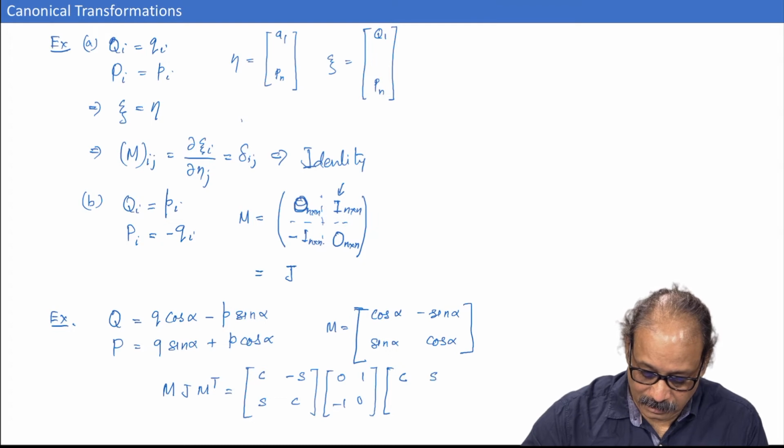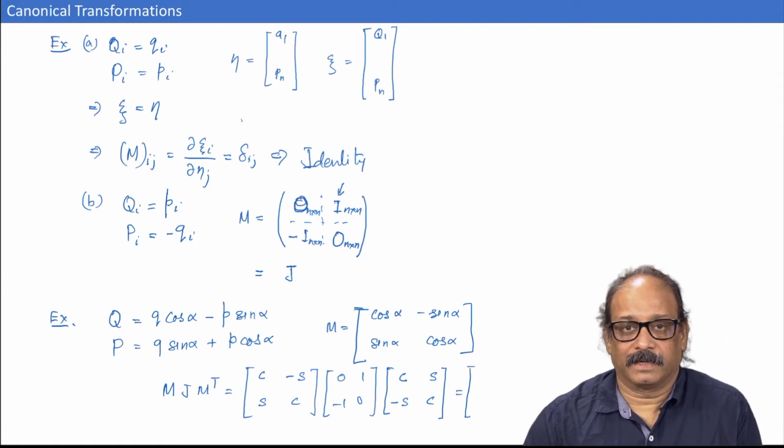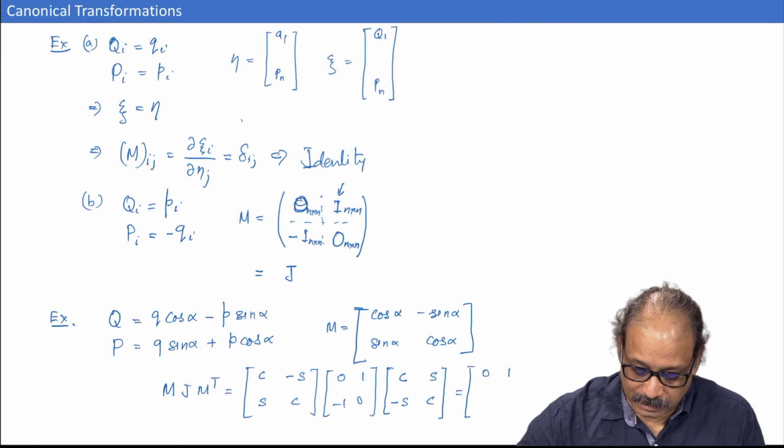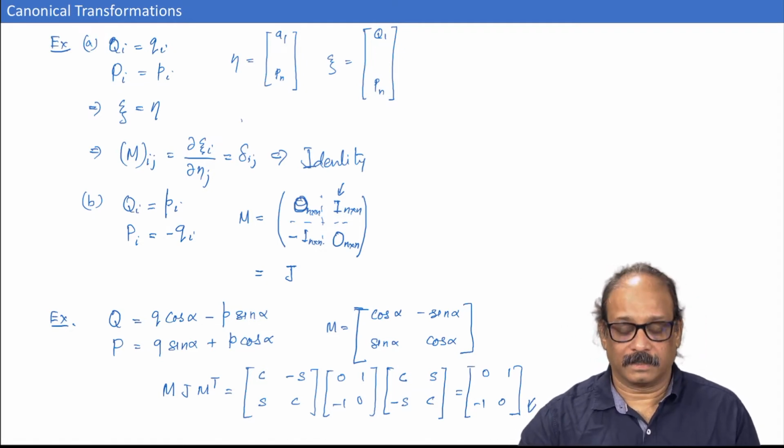So, it will be cos, sin, minus sin and cos. Simplify this, it is a simple product of 3 matrices, and show that this comes to the J matrix again. Okay. So, this transformation is also a canonical transformation.